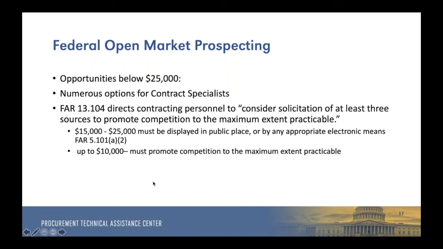Between $15,000 and $25,000, the contracting officers have to ask for 3 bidders. So then, they will look at those, and then they will pick the one that they want, not necessarily the lowest price. They can justify it if they go a little higher. They just have to be able to justify it, but at least they will look for 3 bids. Daniel, do you want to move to the next slide?